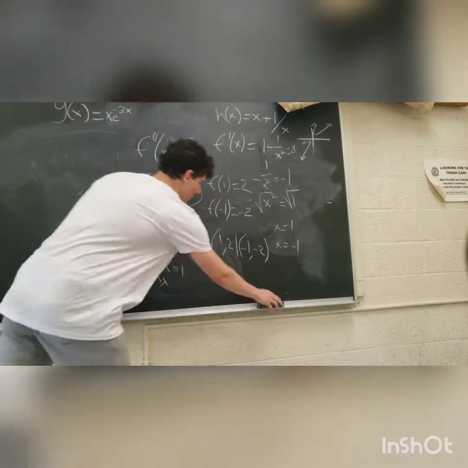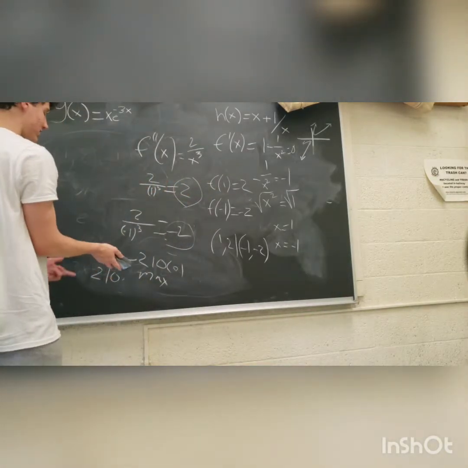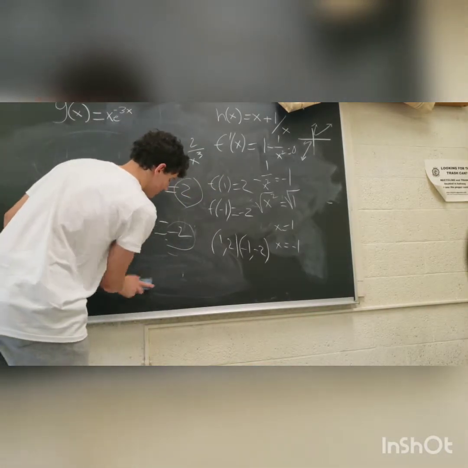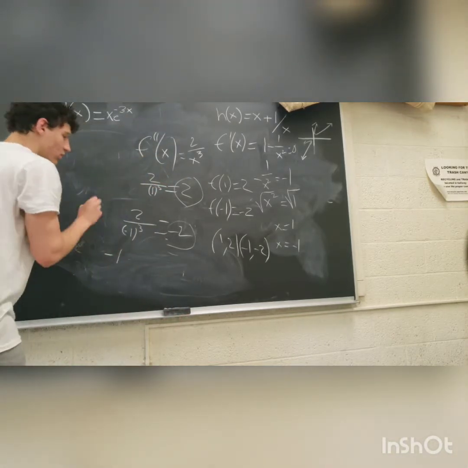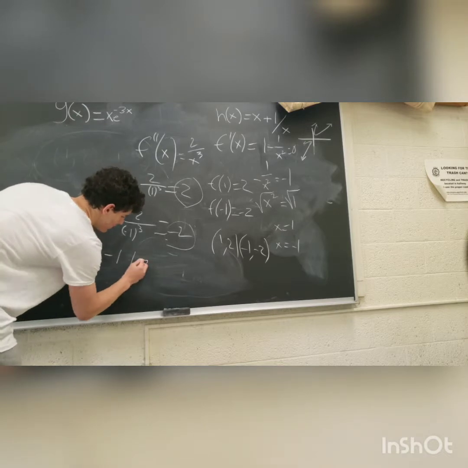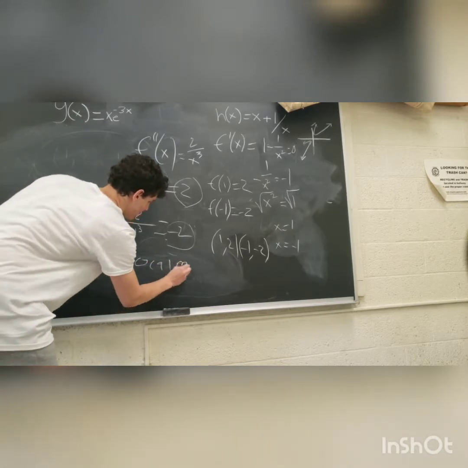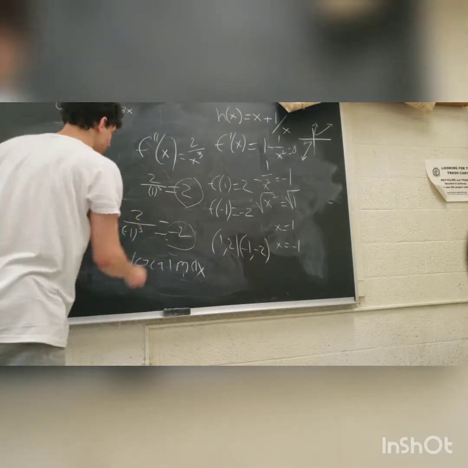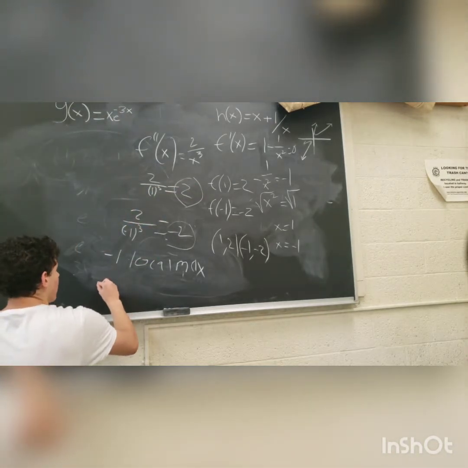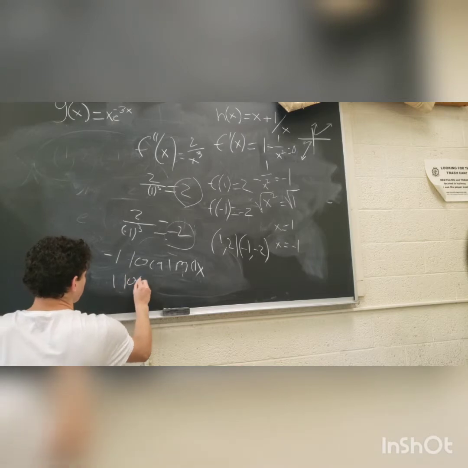Oh, I'm sorry, not 2. It would be your negative 1. So your negative 1 here, since it's negative, would be your local max. And since this is positive, 1 is your local minimum.